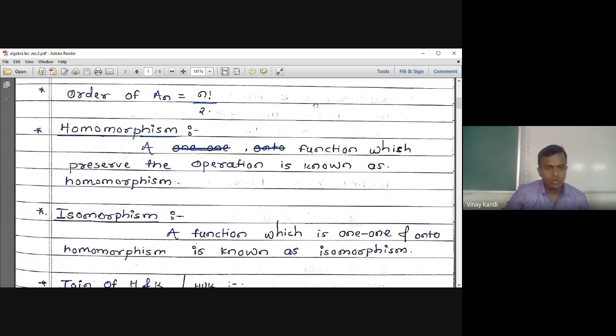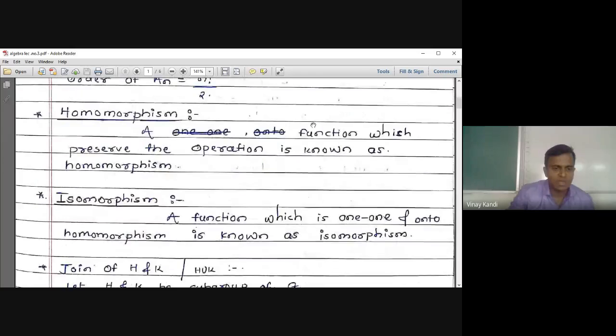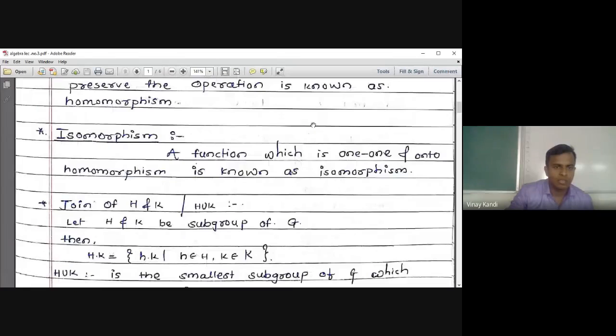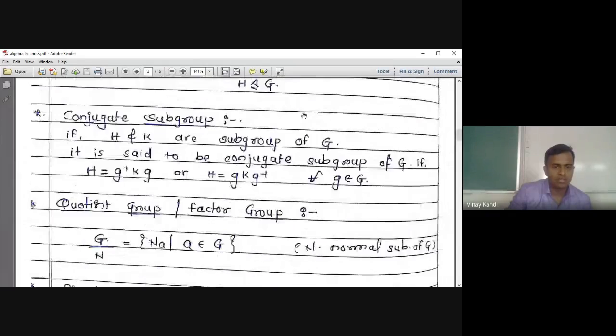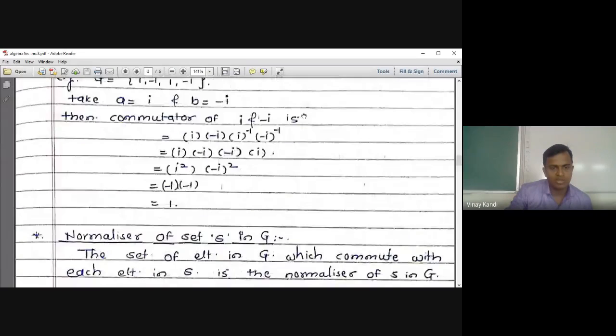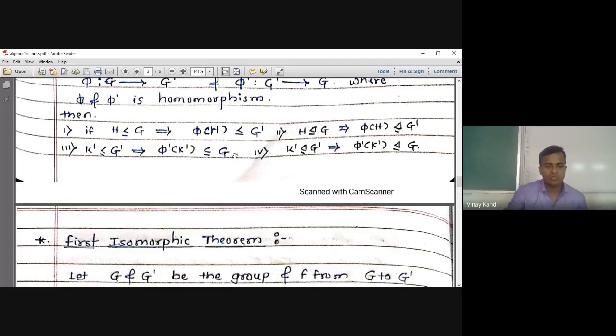Now we will discuss homomorphism, isomorphism, and the fundamental theorem of algebra. Then we will see the first isomorphism theorem.